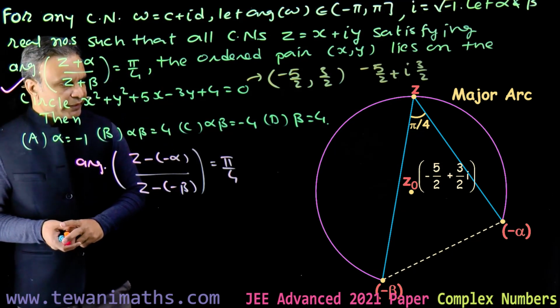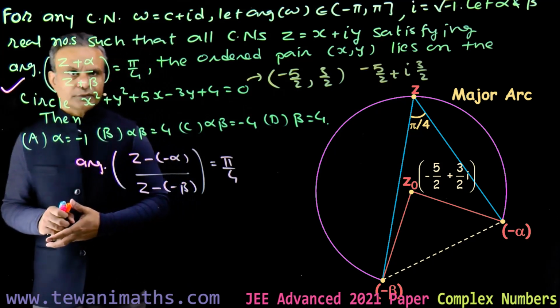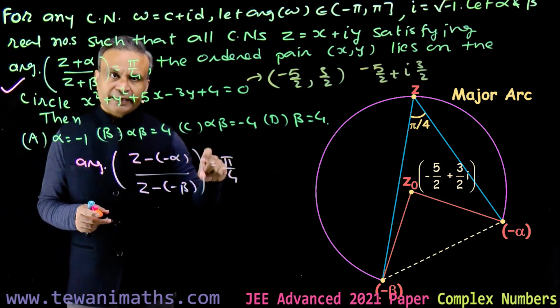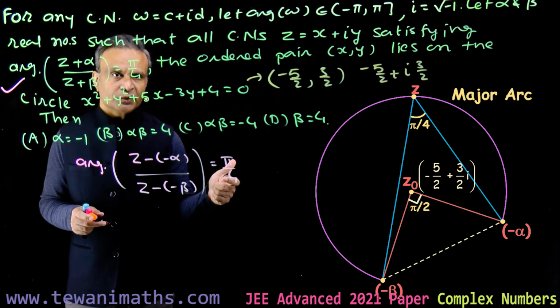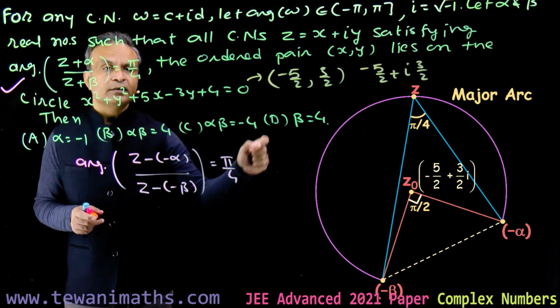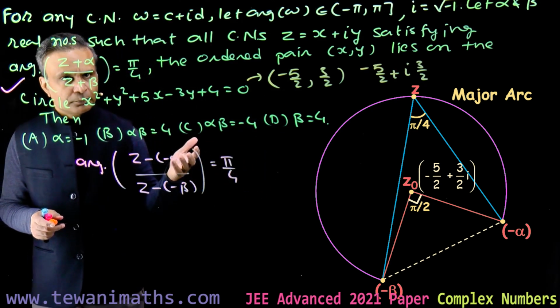Now we join the center to complex numbers minus alpha and minus beta. What will be this angle? From the geometry of circle, this angle will be pi by 2, 90 degrees, because at point Z the angle is pi by 4, so at the center the angle will be double, pi by 2.